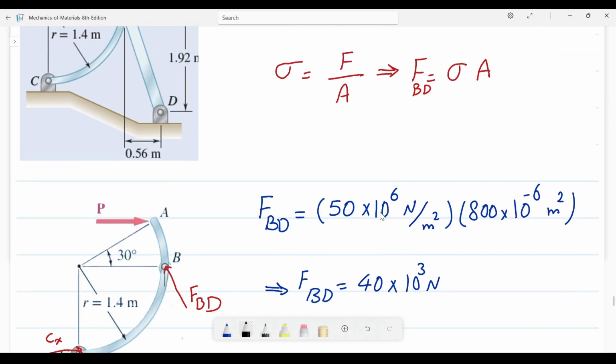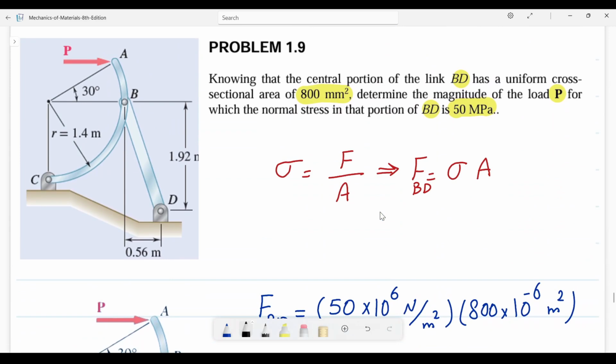Now look at this part of the figure, and that's 2. We should find the length BD for the sine and cosine.